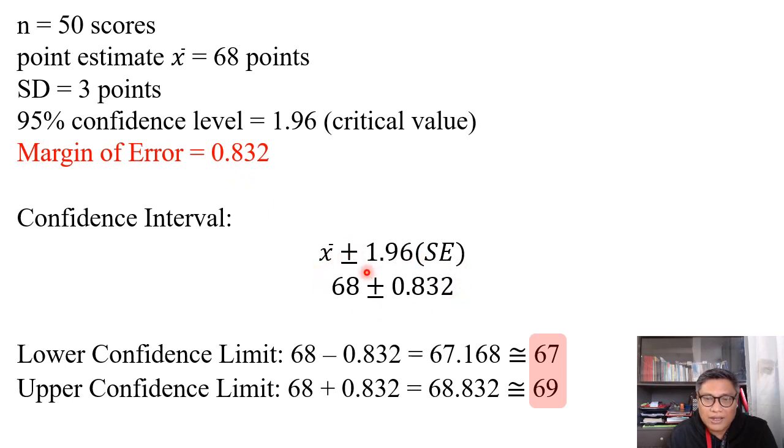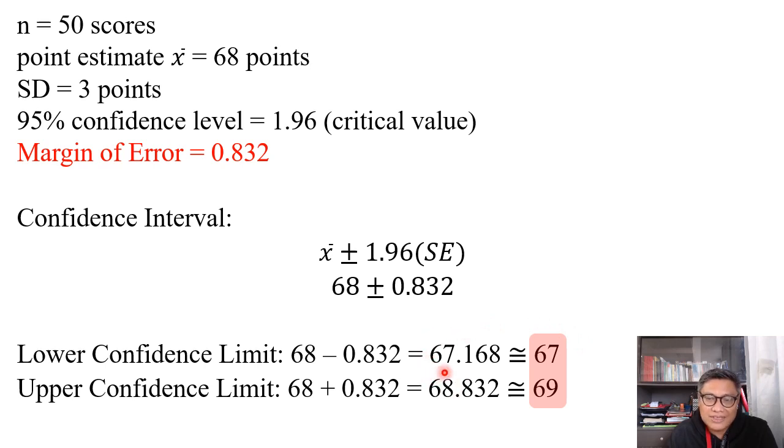You notice here the addition and the subtraction, so you have the lower and the upper limits. The lower limit is 68 minus 0.832, and the upper limit is 68 plus 0.832. Round your answers to a whole number because these are scores or points.